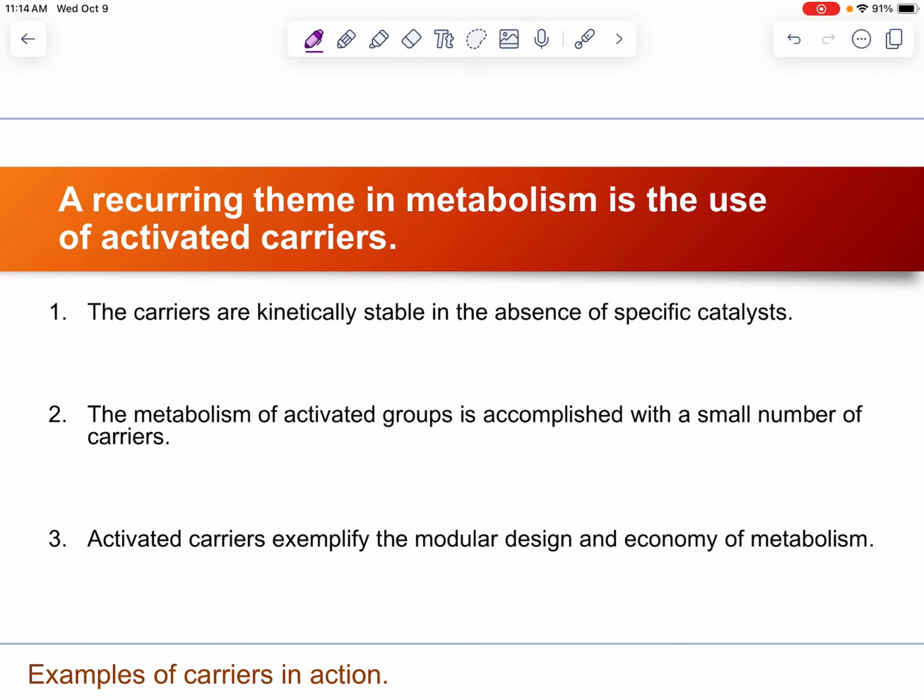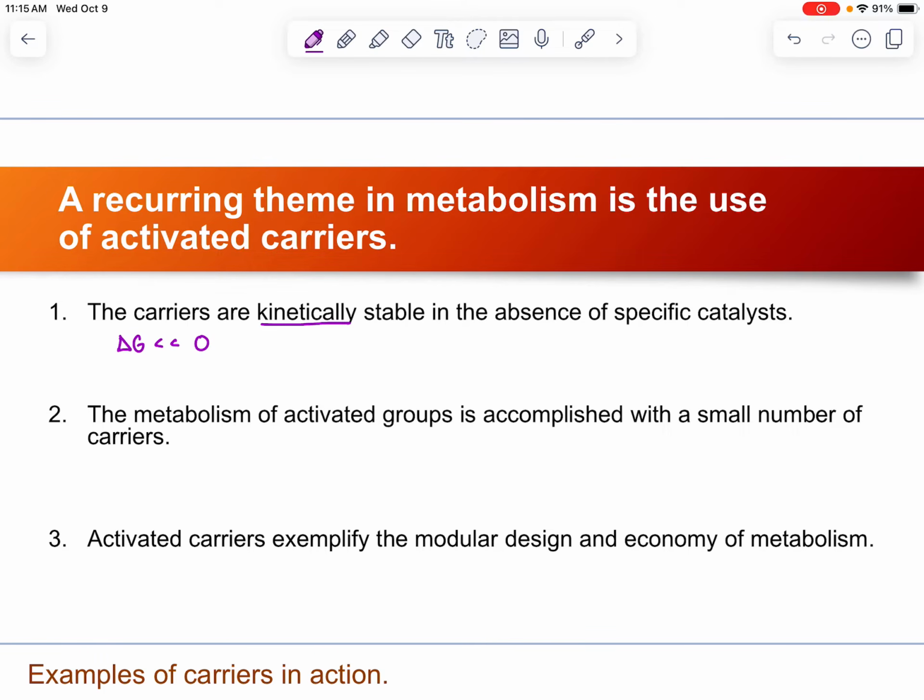First of all, these carriers are kinetically stable. And let's talk about that. So in the example of ATP, we know that it is thermodynamically unstable because we know it has a large negative change in free energy, right? Delta G is much less than 0.